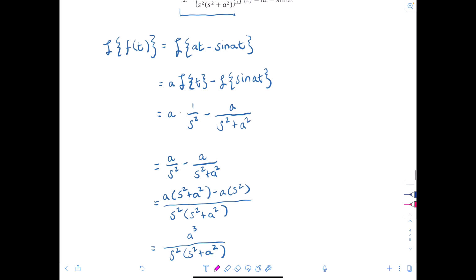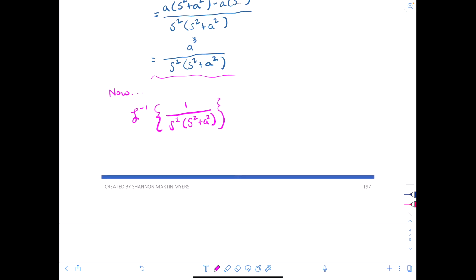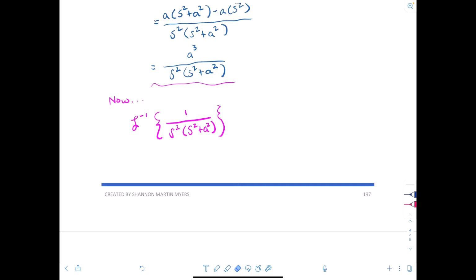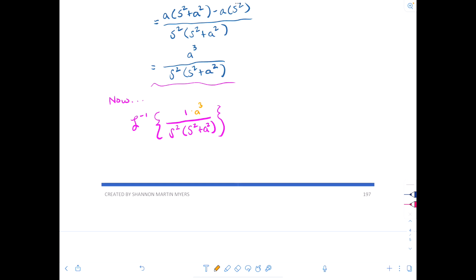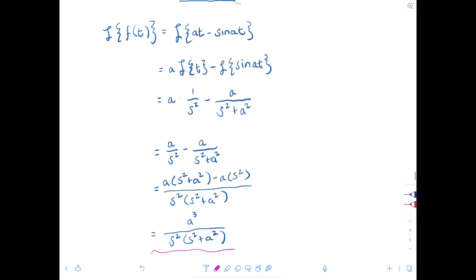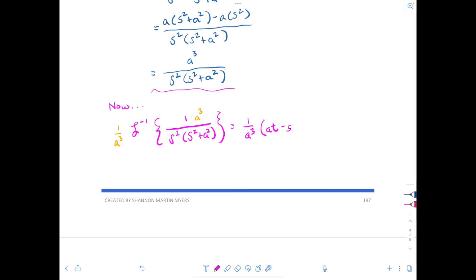We'll get at minus sine at. So if we multiply this one by a cubed and then we divide by a cubed, we will get 1 over a cubed times a times t, what we started with, right? Minus sine at a times t.